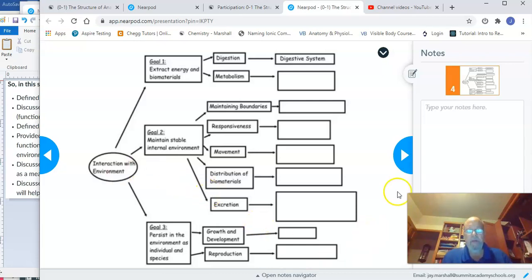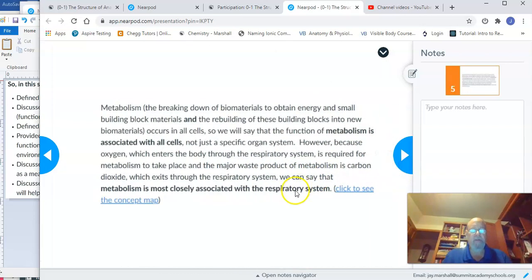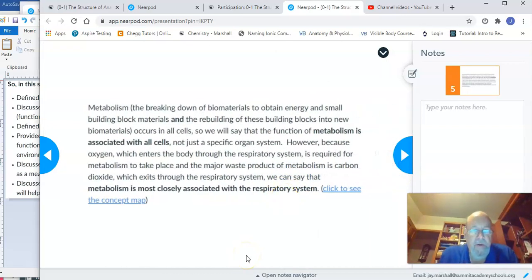Go to the next slide, and we do the same thing. Metabolism, the breaking down of biomaterials to obtain energy and the rebuilding of these blocks into new biomaterials, occurs in all cells. So the function of metabolism is associated with all cells, not just a specific organ and system. However, oxygen, which enters the body through the respiratory system, is required for metabolism, and the major waste product of metabolism is carbon dioxide, which exits through the respiratory system.